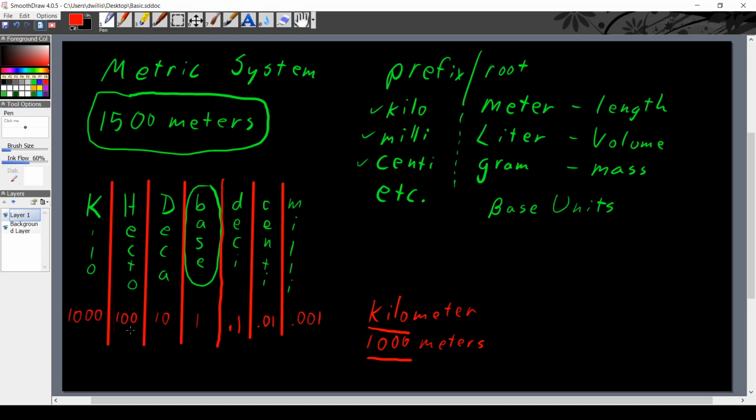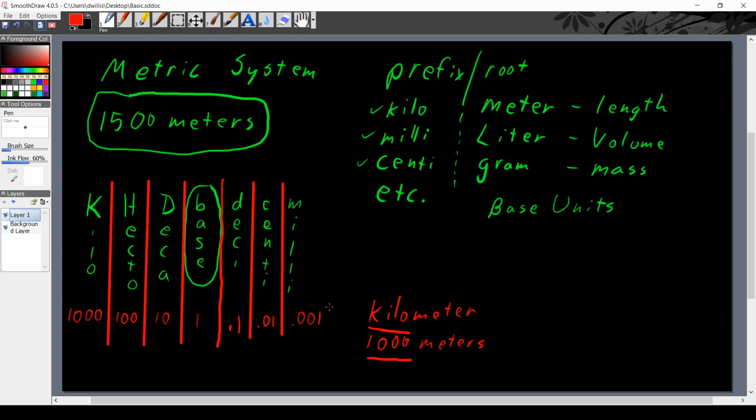And so you can see that this is multiples of 10, and it's just like bumping the decimal along from one place to the other. So you can see if I took this milli and bumped it over one, I would have the centi. If I bumped it over one more, I would have the deci, and so on and so on.